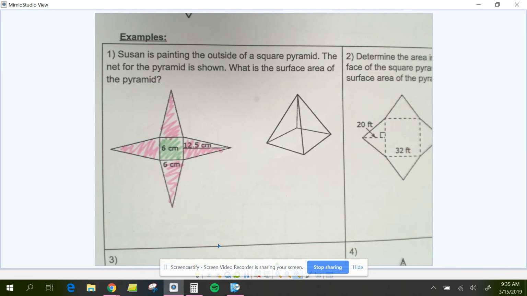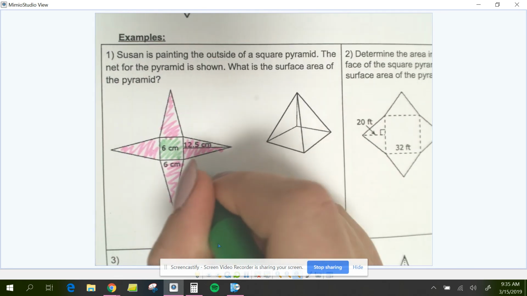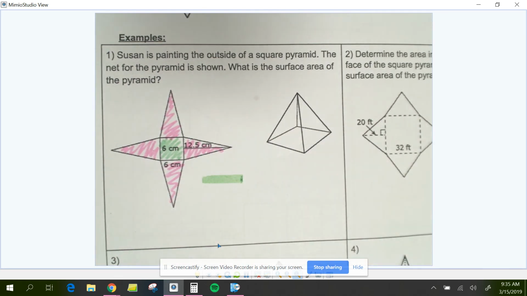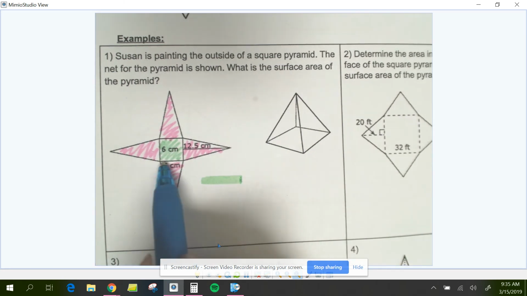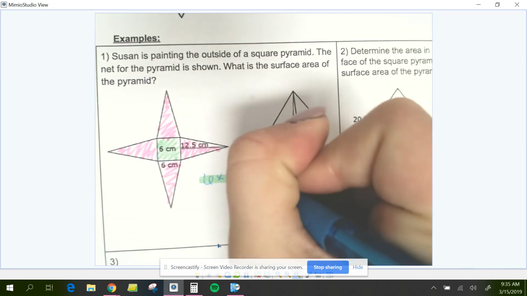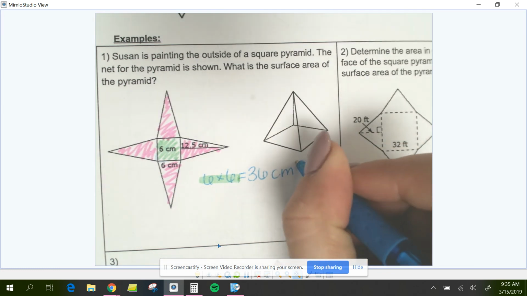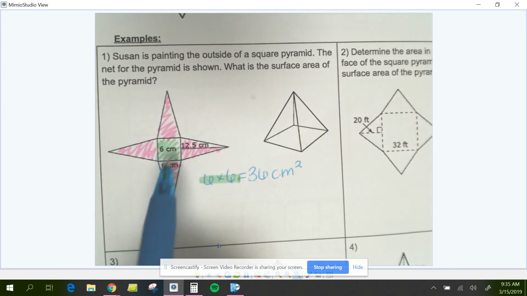So now what I do, I find the area of the square. Let's just start there. Okay. So the area of the square, I know my base is 6. It tells me right here. And my height is 6. So I just have 6 times 6 equals 36 centimeters squared. This time it gives us a unit.